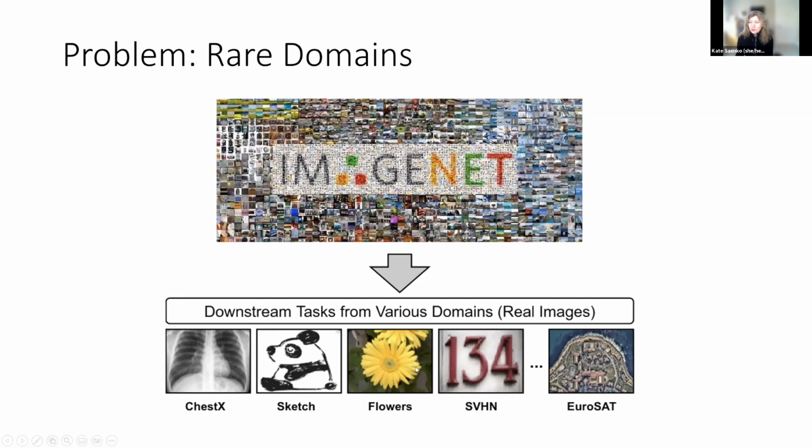There are some fine-grained or maybe biological or botanical datasets, such as flower classification, text and numbers, satellite imagery. I call them rare domains, meaning that it's rare to find them on the web, which is where we draw most of our training data from.